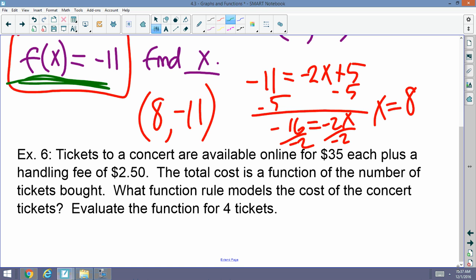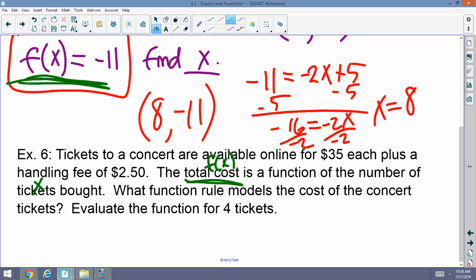The total cost is a function of the number of tickets bought. So listen to that. The total cost, remember that's my f of x, that's my y, is a function of the number of tickets bought. That's my x. That's my independent, because I could buy 0 tickets, or I can be generous and decide to buy tickets for everyone in my family. It is independent. Okay?